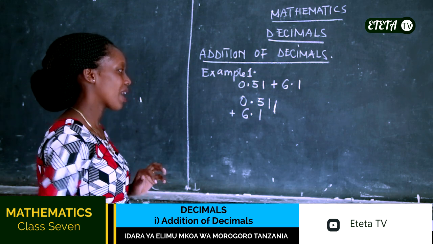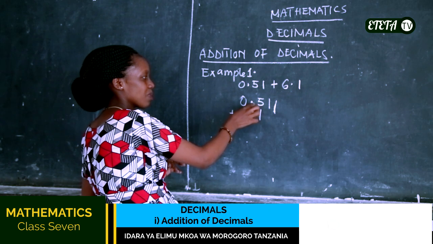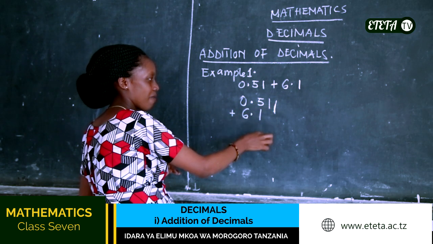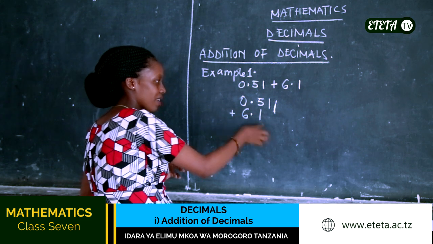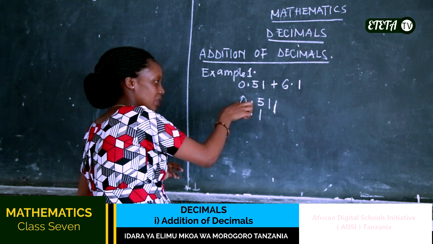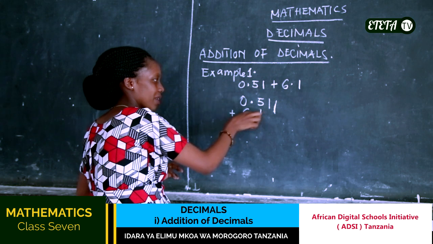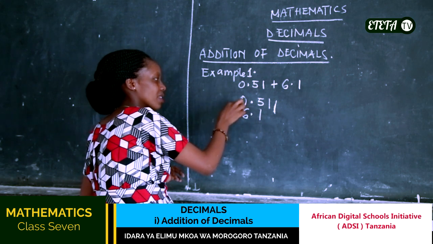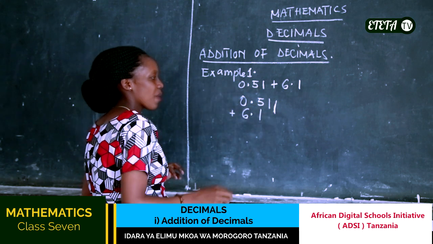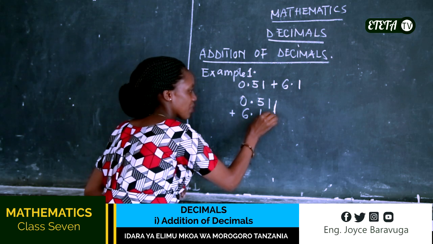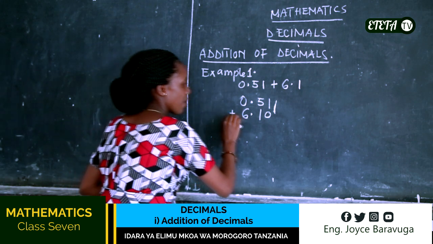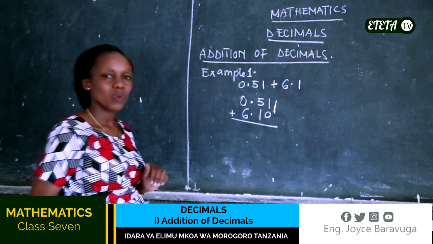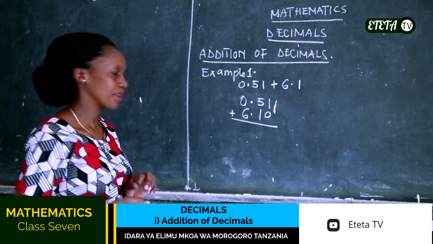For example, here we have 0.51, but here we have 6.1. Therefore, so as to make this number have the same length as this number, we are going to add here 0. Then we are going to add it as usual.